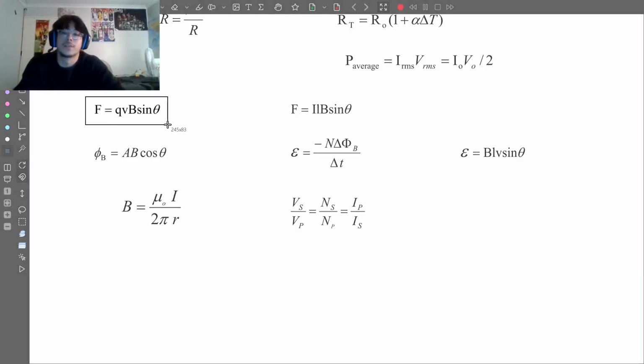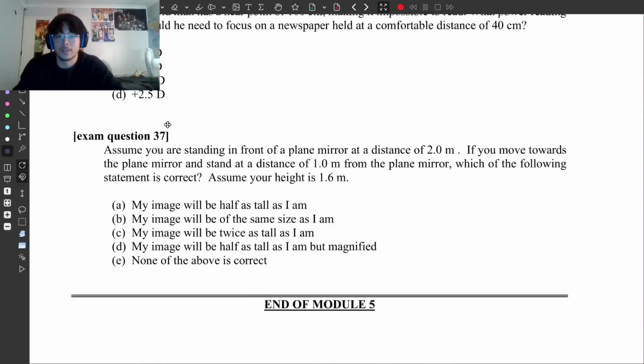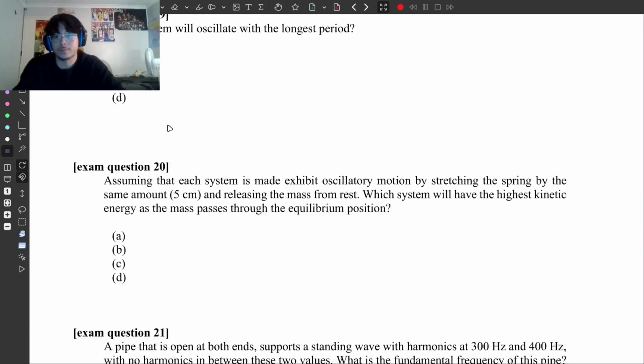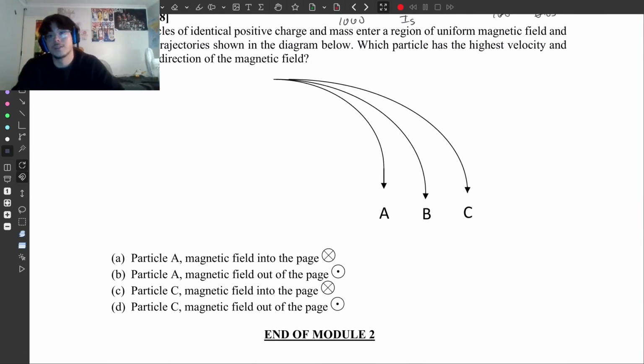So our force is going to be equal to QvB sine of theta. So this is the charge of your particle, this is your velocity, and this is your magnetic field, and this is the angle separating the velocity vector and the magnetic field vector.